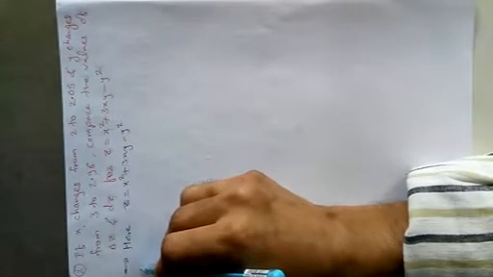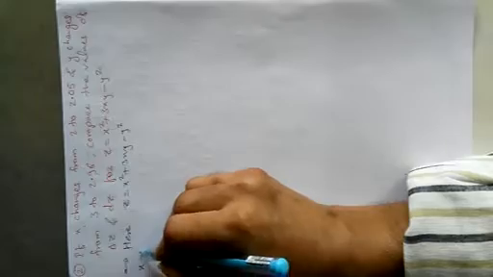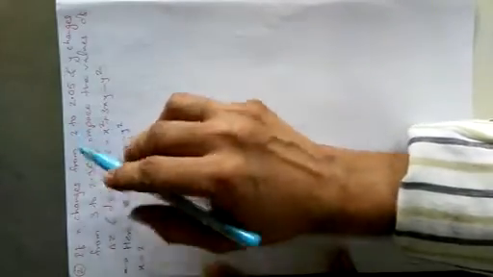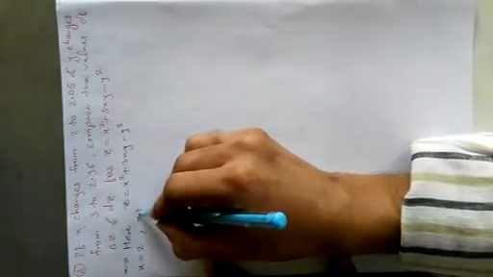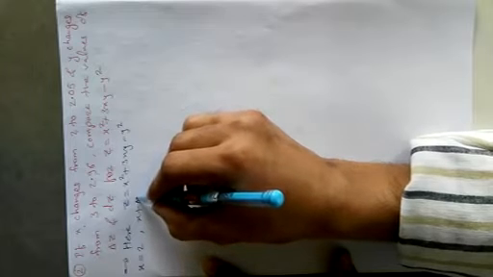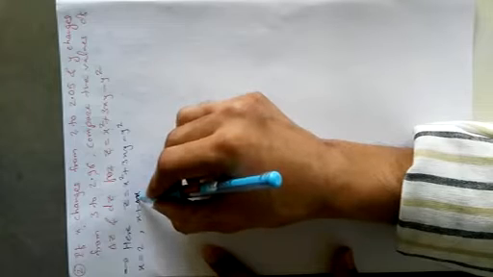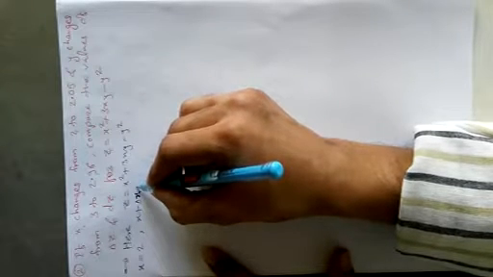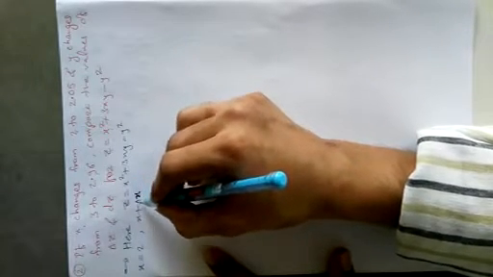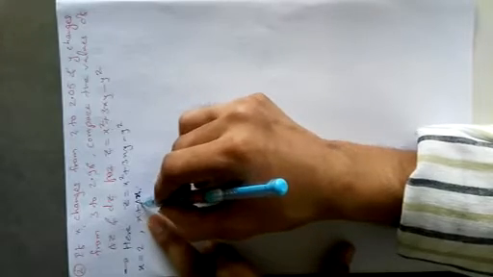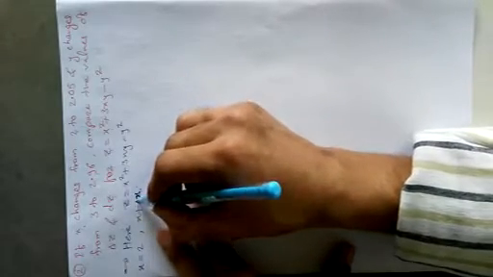That means here given x is equal to 2, and x plus delta x, or you can write dx also, in place of delta x you can write dx also.